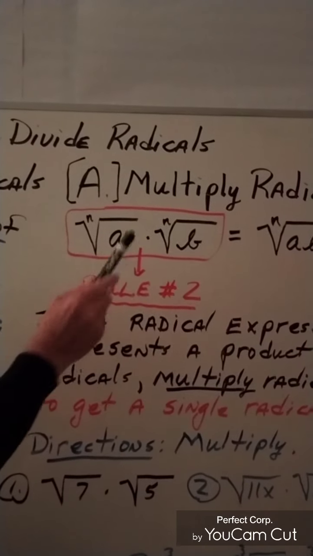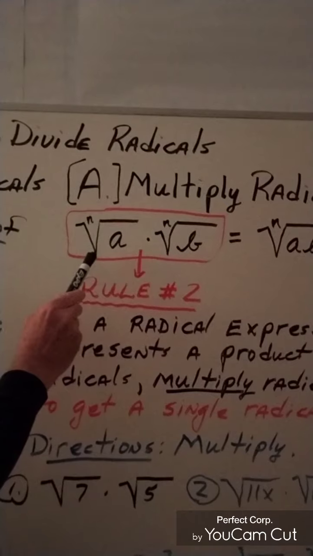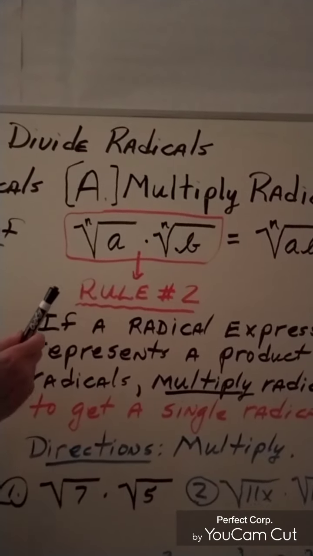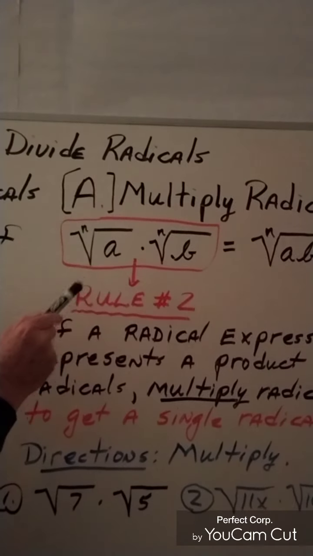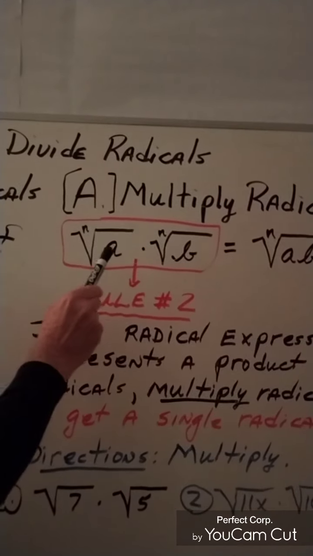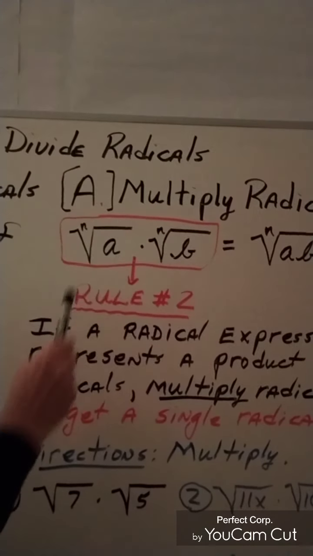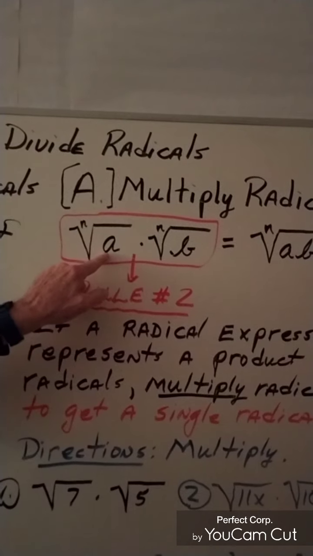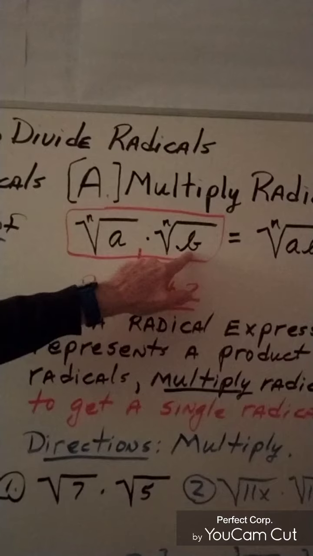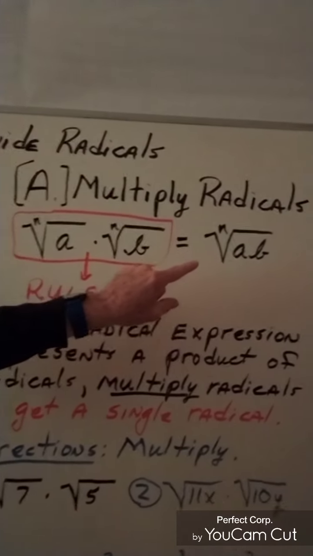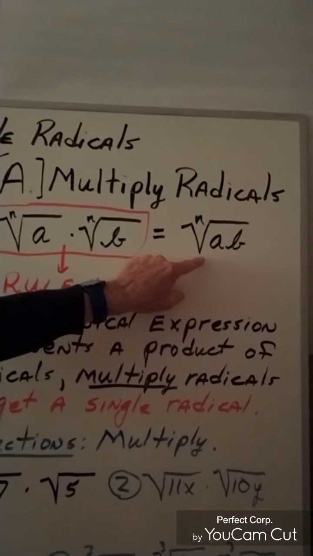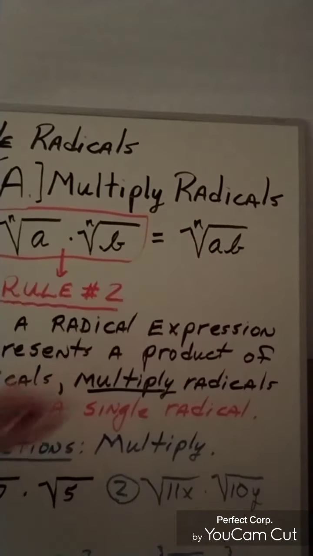Let me say that rule again, and I'll kind of point to this. If a radical expression represents a product of radicals, we multiply them together. We take the radicand of the first one, multiply it to the radicand of the second one, and write that product as a single radical, the nth root of a times b.